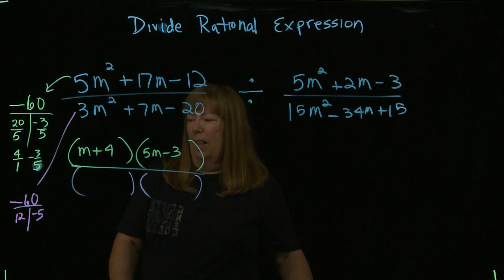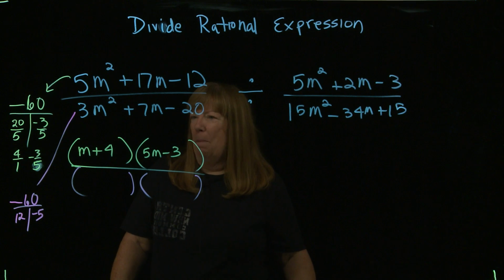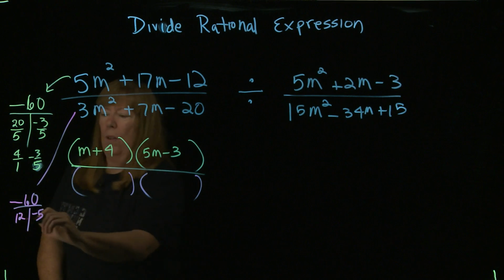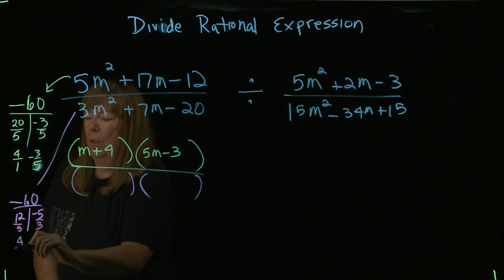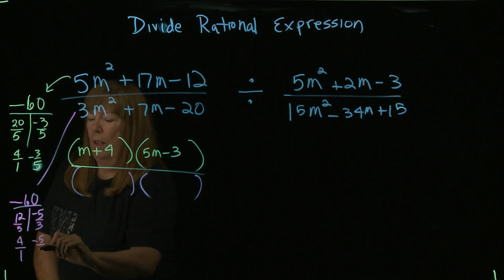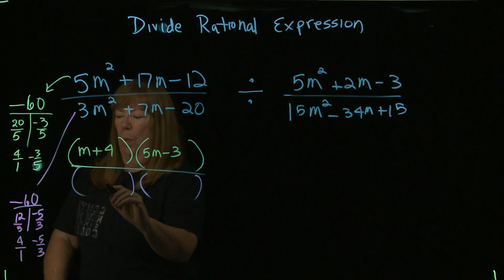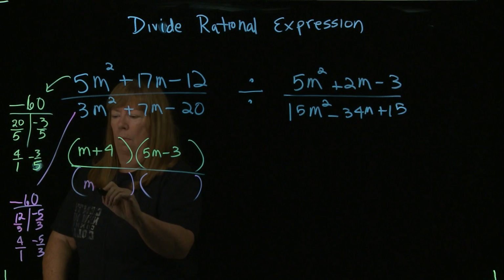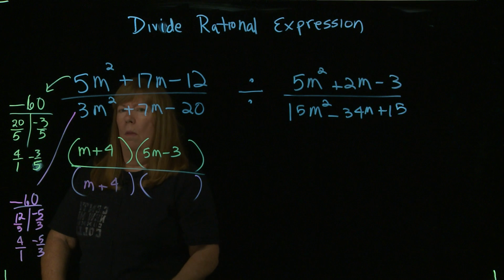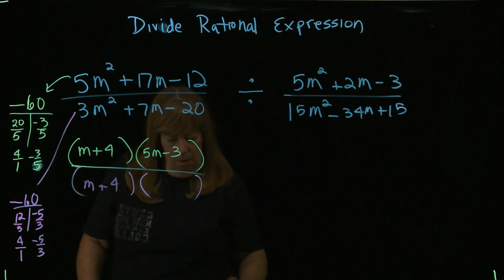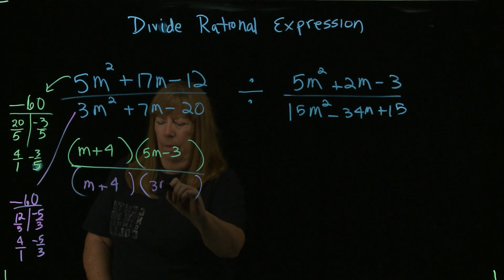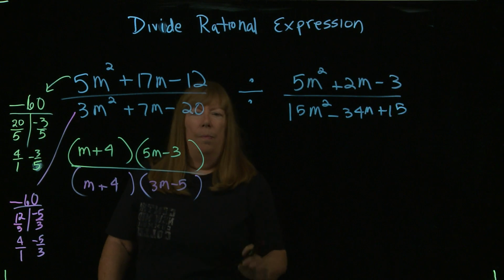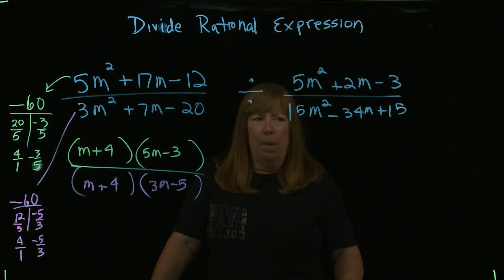It's positive 7, not negative 7, so I did get the right one. Okay, so we're going to put them both over a, as we've been doing, and reduce the fractions. And now we have this one, which is m plus 4 times 3m minus 5.